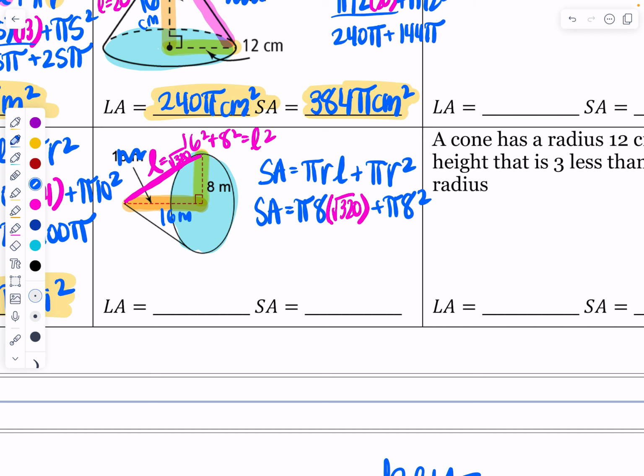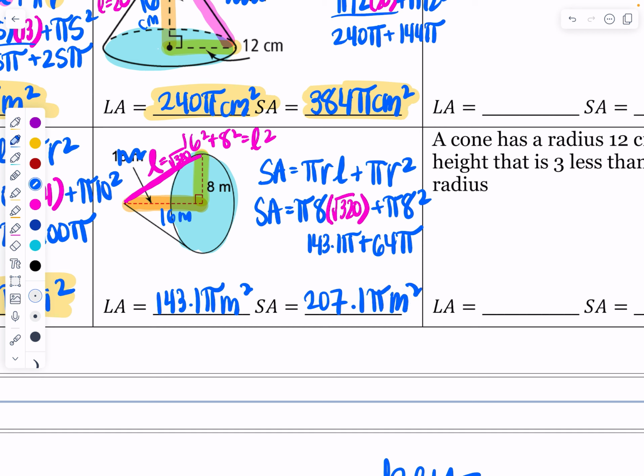This is going to be about 143.1 pi. That's meters squared. So wait and round it once at the very, very end. So that's about 143.1 pi. And then we're going to add to that 64 pi. What do I get when I round at the very, very end? That's about 207.1 pi meters squared for my total surface area.